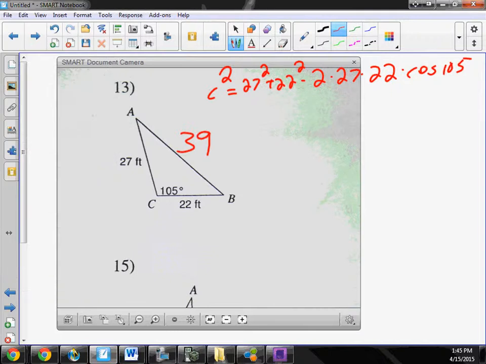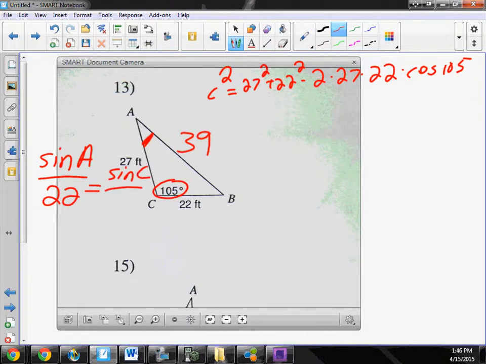Now, I could use the law of cosines to find the other angle, but it's pretty involved to figure out a missing angle using the law of cosines, right? So now that I have all three sides and one angle, I can use the law of sines. So how would I find angle A? Sine of A over 22 equals, has to be sine of C, because that's the only other angle I have.